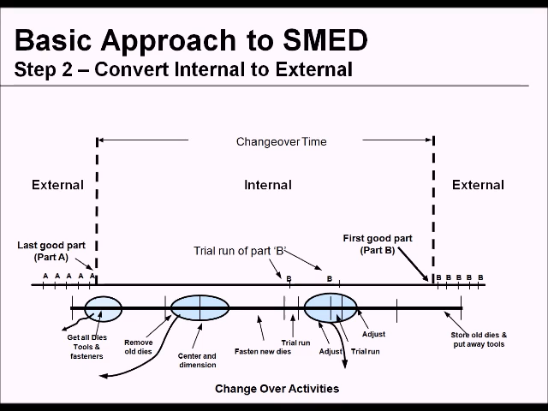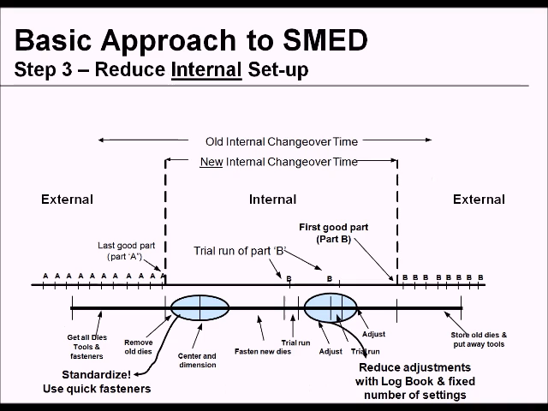You can see all the different activities down below with the times involved in each step. What you do using the SMED tool is move things like getting all the dies, tools and fasteners right up front. Putting your tools away and storing the old dies, you can do while the machine's running.